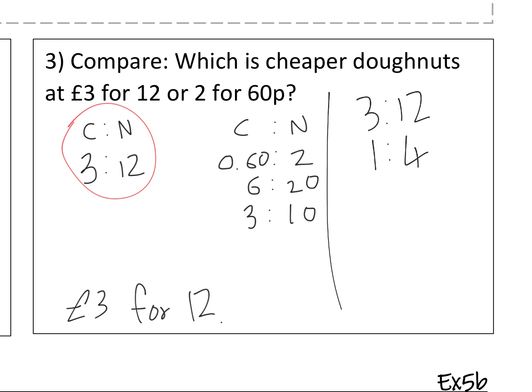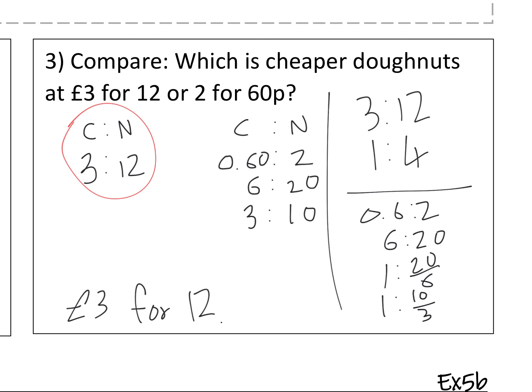If I take the second ratio, it was 0.6 to 2, I would still times through by 10 to get rid of that decimal, so 6 to 20, and then I would divide by 6, and that would be 1 to 20 over 6, which is the same as 10 over 3, and that is 3 donuts and another third of a donut. Although I'm not sure if they'll let you buy thirds of a donut.